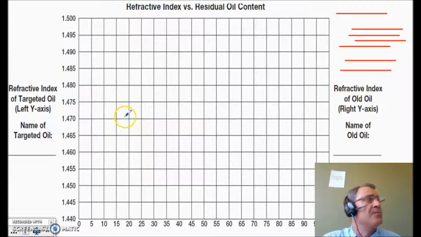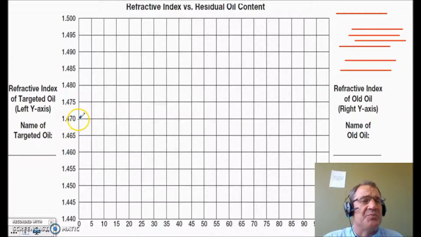In this example, we have a refrigeration system that originally had alkybenzene oil as the oil in the compressor, and we're doing a refrigerant conversion from R22 to R407C. And R407C, because it's an HFC refrigerant, requires the use of a polyester oil.